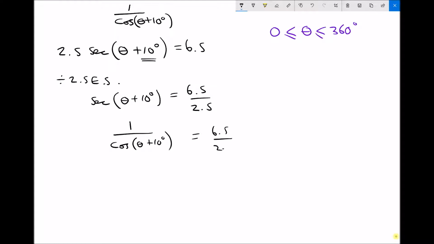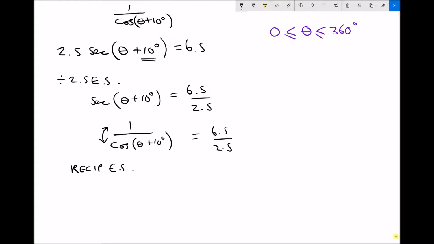6.5 over 2.5. Now here's where our reciprocal function comes in useful again, because I'm going to reciprocate each of those fractions. The top's going to become the bottom and the bottom's going to become the top. So the left hand side here is going to become cos theta plus 10 degrees divided by 1.